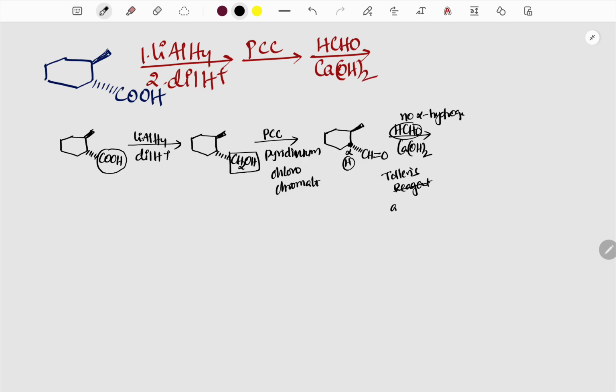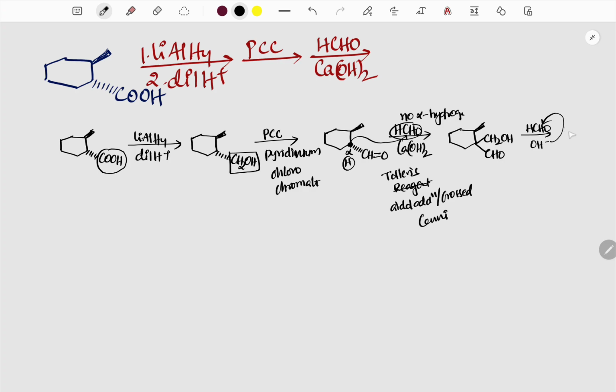In the Tollens reaction, first we think about the aldol addition and then we think about the crossed Cannizzaro. So it is a combination of two reactions. In the aldol addition, the alpha carbon attacks, and it gives the corresponding product like this. And excess formaldehyde is present in the presence of OH minus.